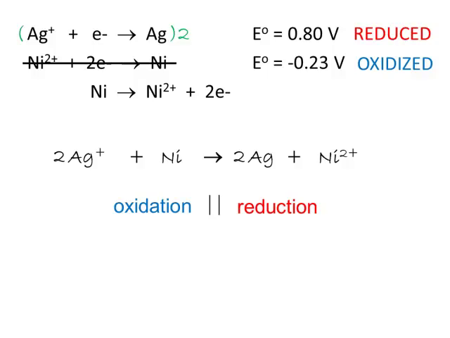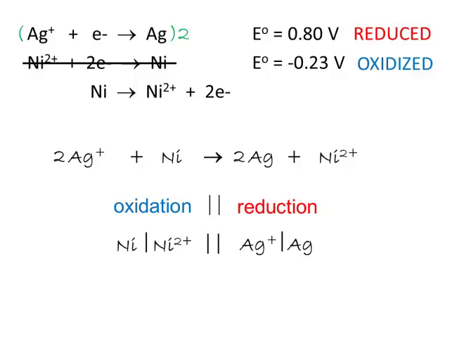For this reaction, the oxidation process is nickel atoms becoming nickel ions. The reduction process is silver ions becoming silver atoms. Two things to remember about line notation. 1, chemists do not include coefficients in line notation.